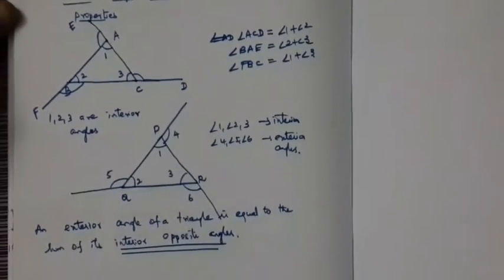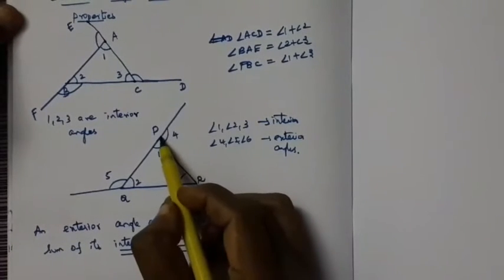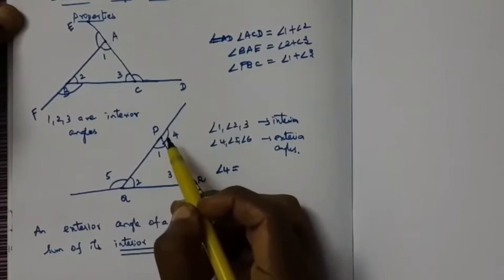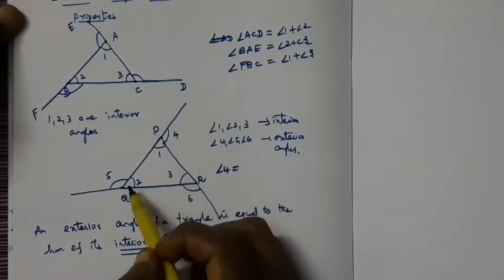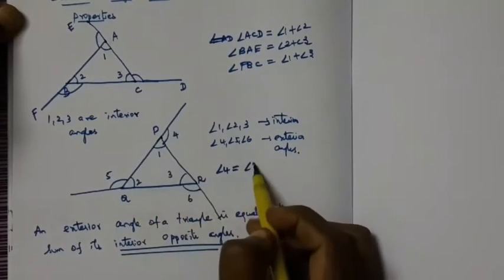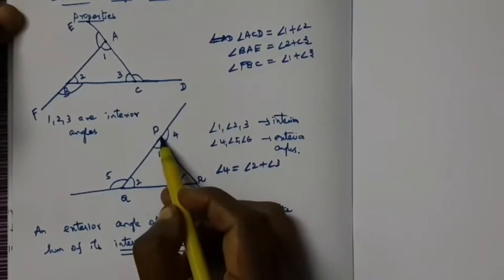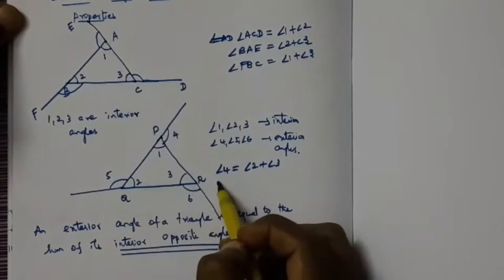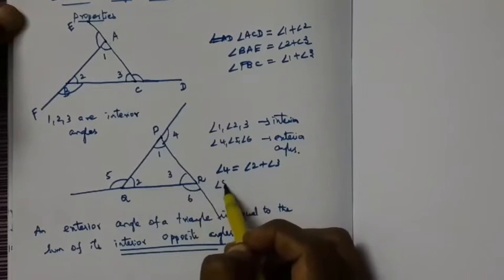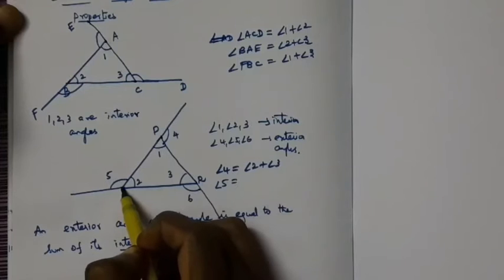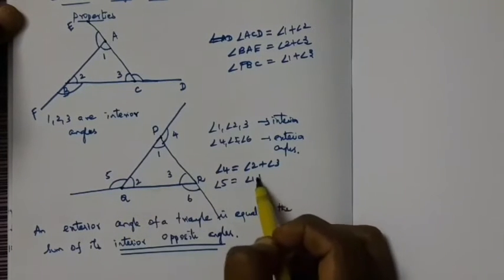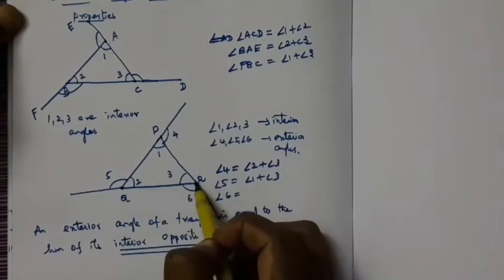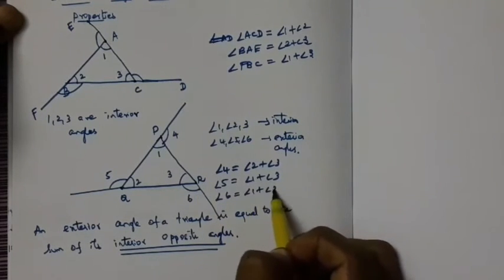Similarly, angle 4, the exterior angle, is equal to angle 2 plus angle 3. Angle 5 is equal to angle 1 plus angle 3. Similarly, angle 6 is equal to angle 1 plus angle 2.